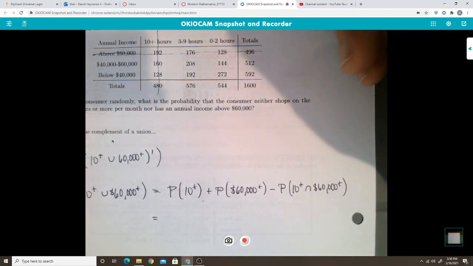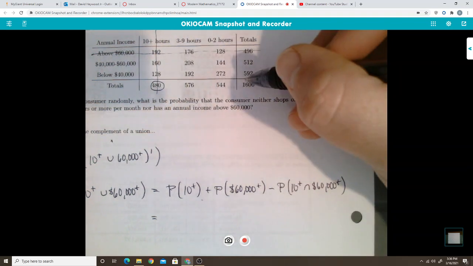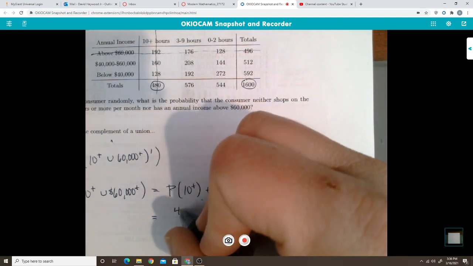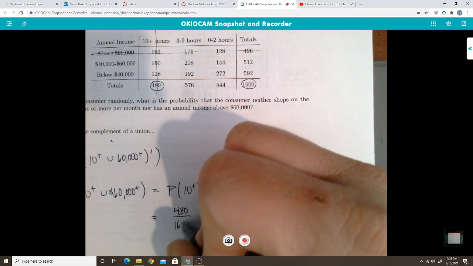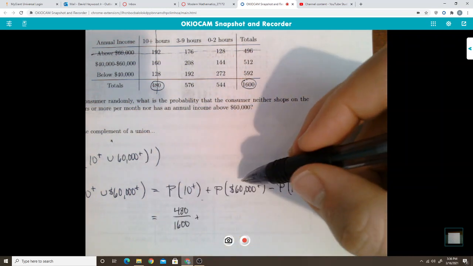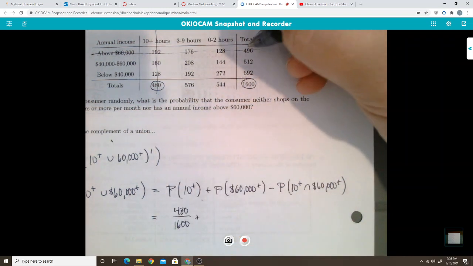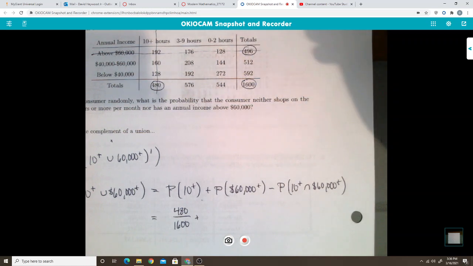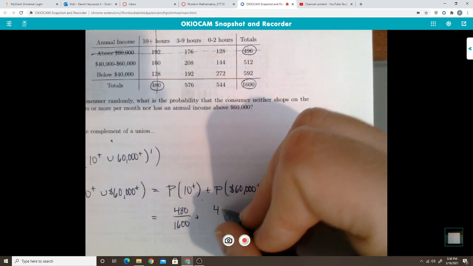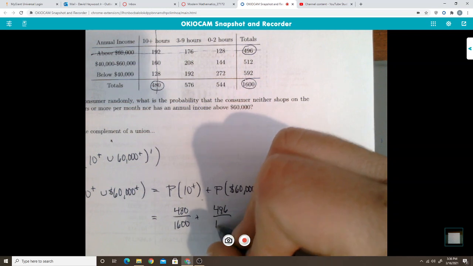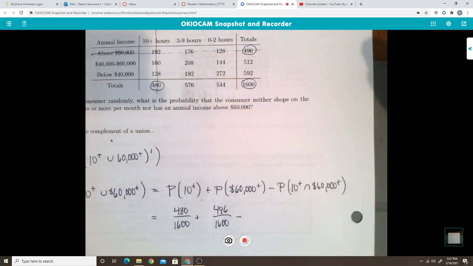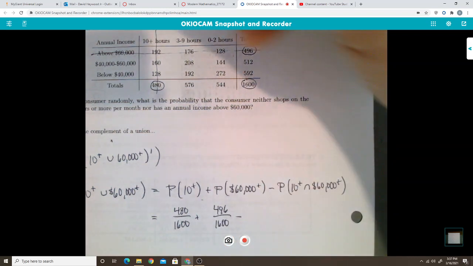Well, probability they shop 10 or more hours per week. There were 480 people who did that out of 1,600. Probability that they make $60,000 or more. 496 people made $60,000 or more per year. And then probability of both.